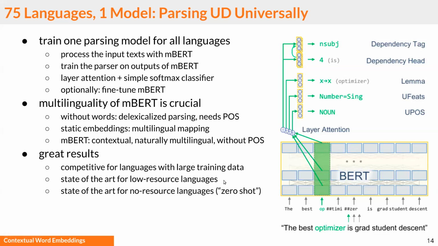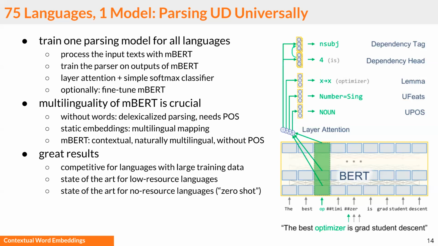And for lower resource languages, I don't know if it's still state of the art today. It was state of the art 2 years ago, but at the time it was definitely state of the art. So if you had few data for a language, then this would work really well, and even for no resource languages. This is something called zero shot parsing typically, that you don't even train it for the language.